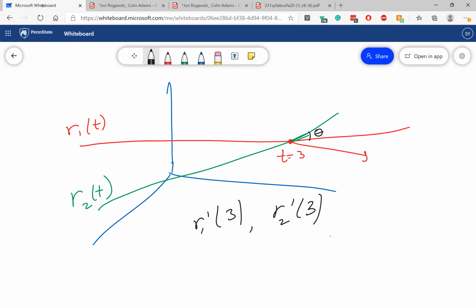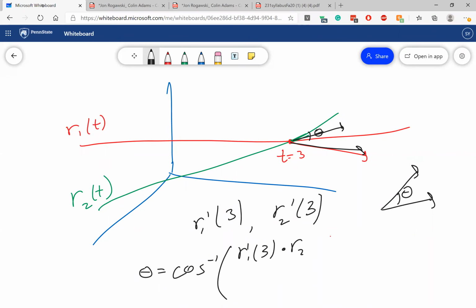And those would be the 2 tangent vectors at these. Now you have 2 vectors, and finding the angle is the same thing as finding the angle between these 2 vectors. So the angle is going to be equal to cosine inverse of r1 prime at 3 dotted with r2 prime at 3 over the magnitude of r1 prime 3 times the magnitude of r2 prime 3.